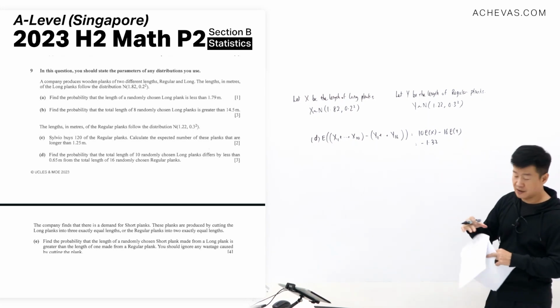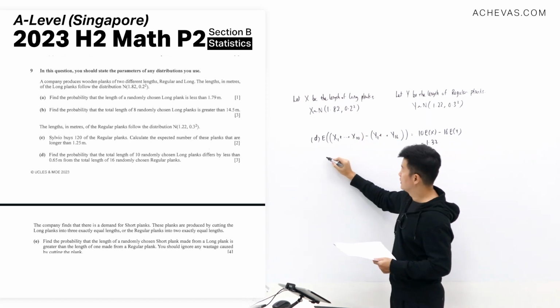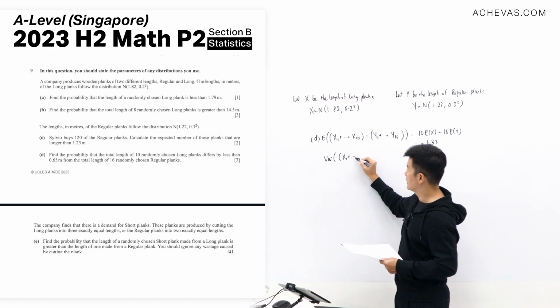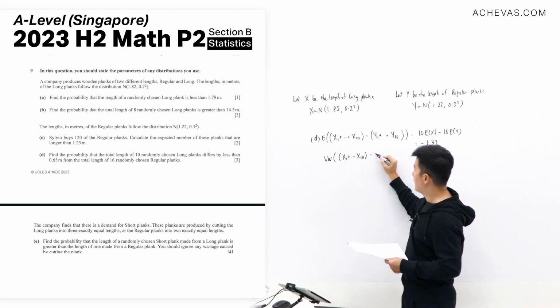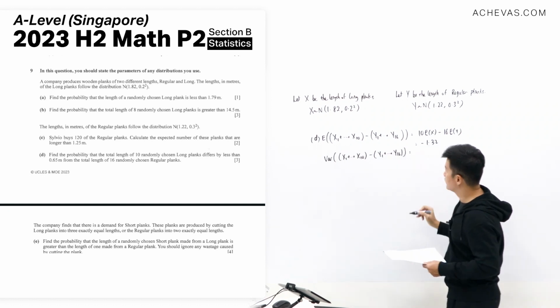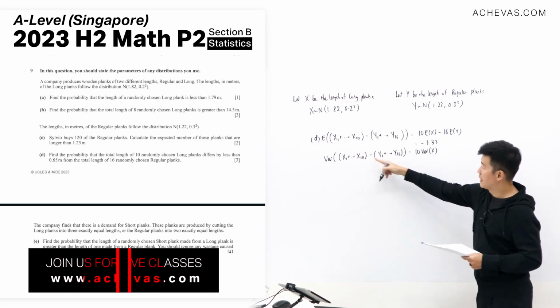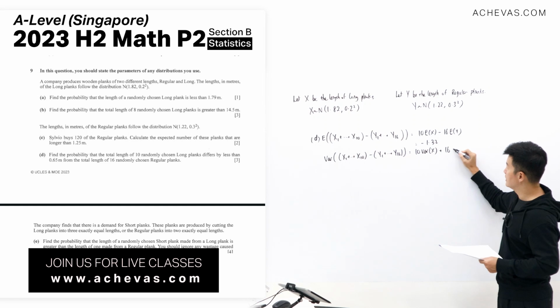We also want to find the variance in order for us to form the normal distribution for this. So the variance of x1 plus x2 all the way until x10 minus y1 plus y2 all the way until y16 is going to be 10 times the variance of x plus 16 times the variance of y.